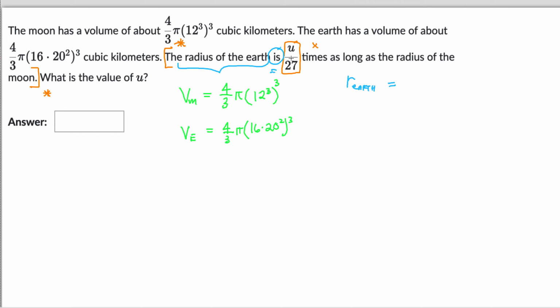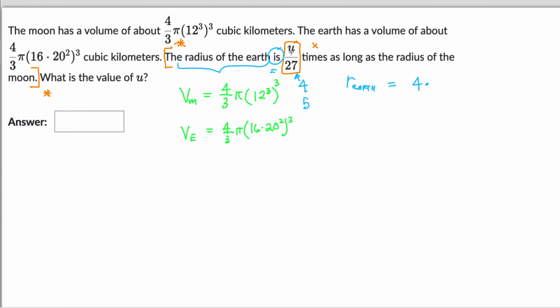Now this whole thing, call it whatever you like, u over 27 looks hideous. Let's say it was 4 instead of u over 27. 4 times as long, and then it would be 4 here, times the radius of the moon, and you'd put the radius of the moon here. If it were 5 here, then you would put 5 times the radius.